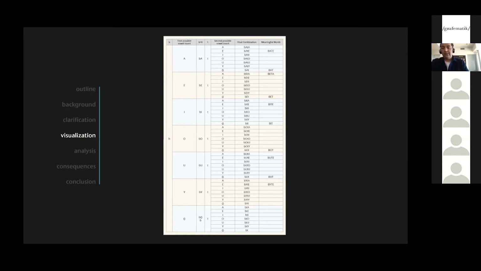Therefore, there will not be any vowel at the beginning of these compositions. This experiment gives us 7 to the power of 2, a total of 49 possible word formations with the B plus T letters, in which there are at least 8 meaningful words.